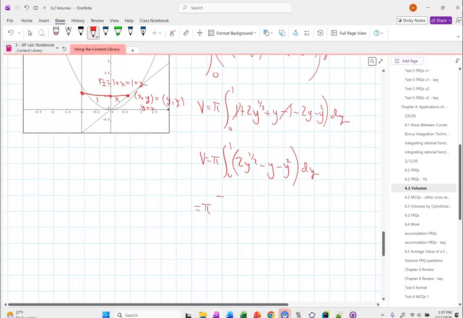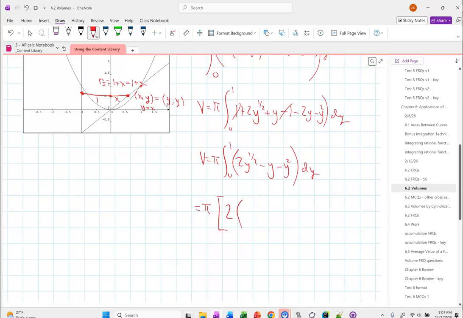And so we do our antiderivatives. 2 times 2/3 y to the 3/2 minus y squared over 2 minus y cubed over 3 from 0 to 1.